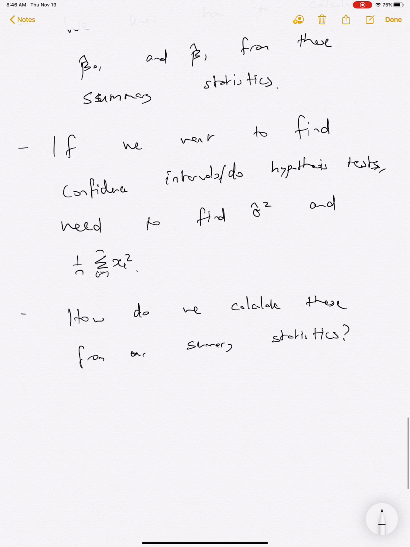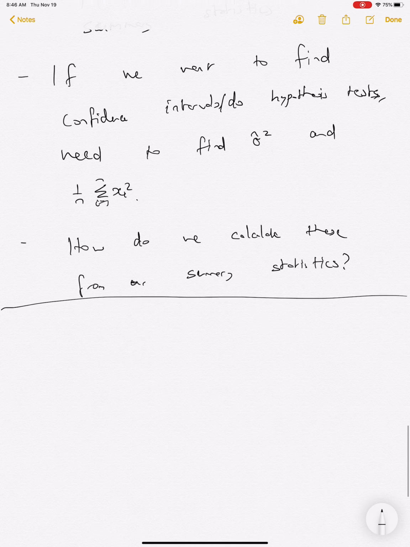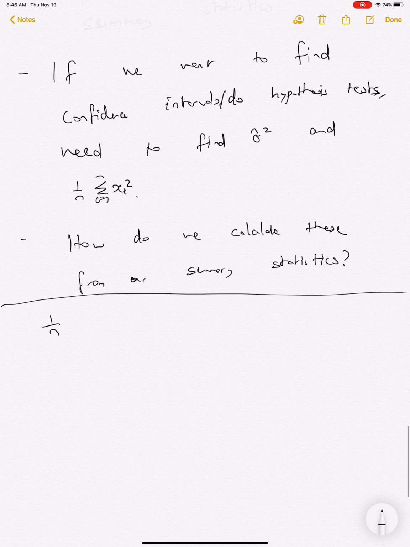Okay. So hopefully 1 over n, summation i equals 1 to n of xi squared, you can hopefully see that that's just sx squared plus x bar squared.